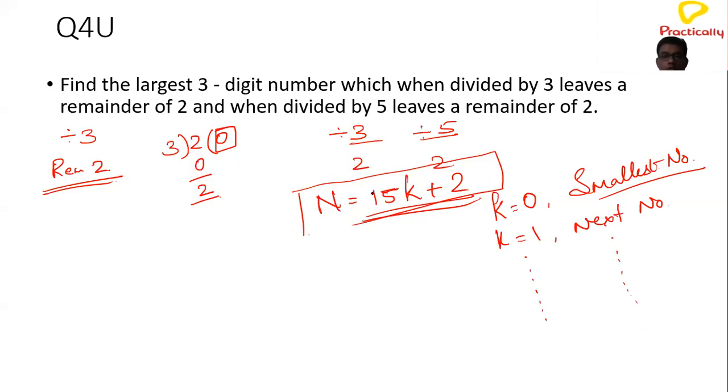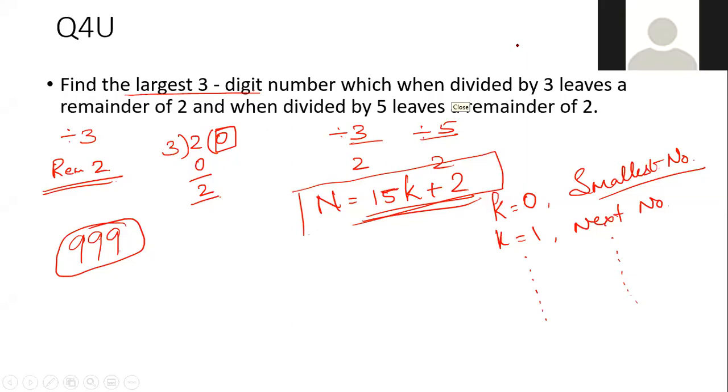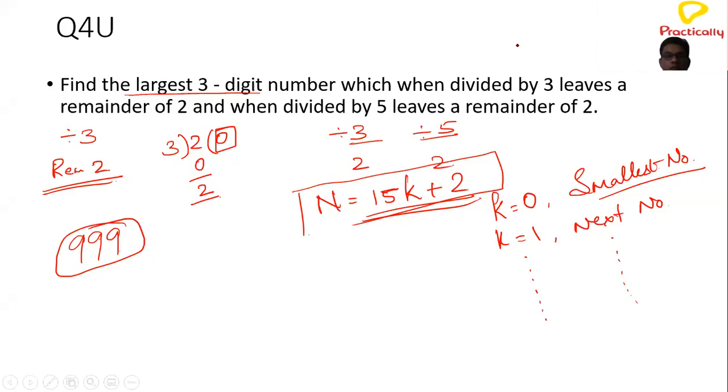Now, coming back to the question. The question said, find the largest 3-digit number. I know that the largest 3-digit number is 999. Nehali, you have sent me the smallest 3-digit number.